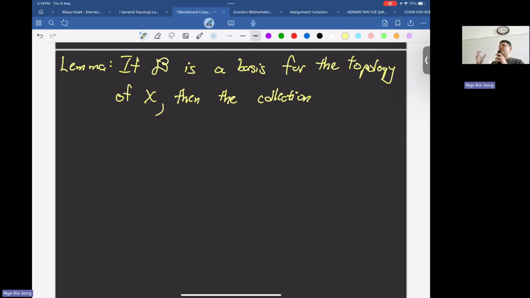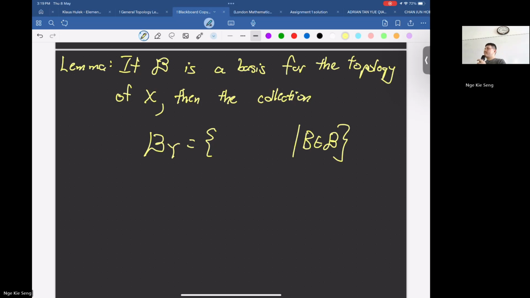So the basis, what do you think? An obvious construction you can think of must have something to do with the basis elements of B. Then you want this B to stay inside Y. You just take the intersection.